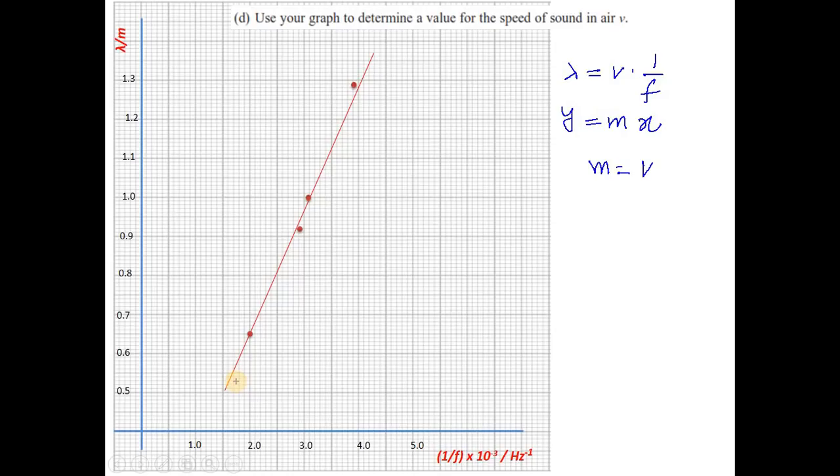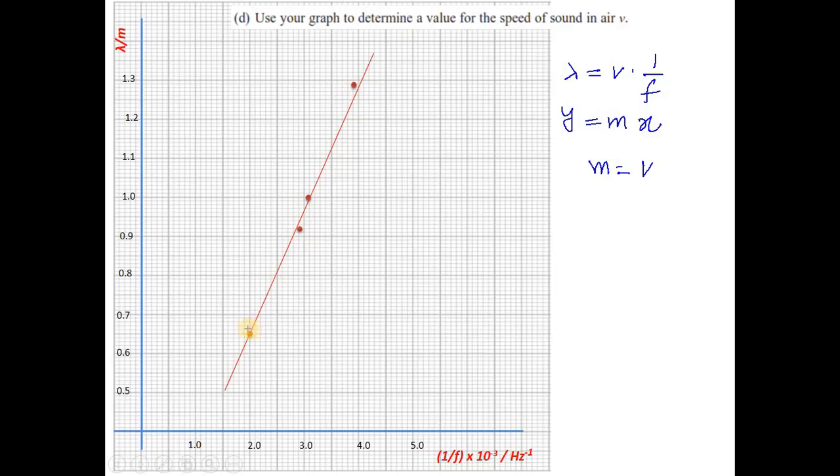So you just find the gradient of this line, and for the gradient you need to choose a big triangle, as big as possible. That means you need to choose 2 different points on the line. Remember, on the line, not the points that you plotted. Don't choose those points that you plotted.